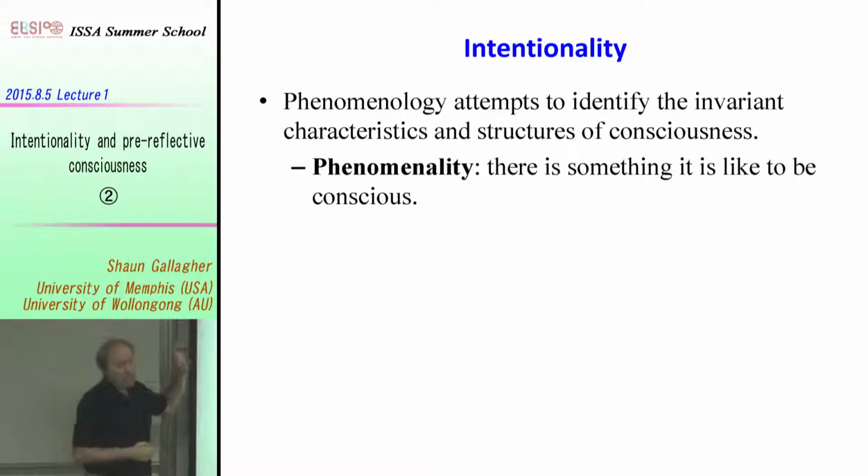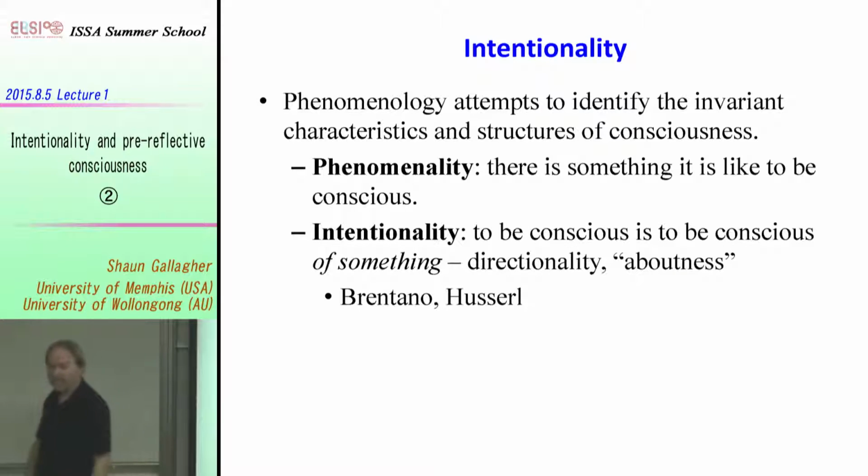This is something I'll talk about later, but there's another element here that came up in questions about what we are talking about. Intentionality is another aspect of consciousness, and the phenomenological formula is almost: to be conscious is to be conscious of something.